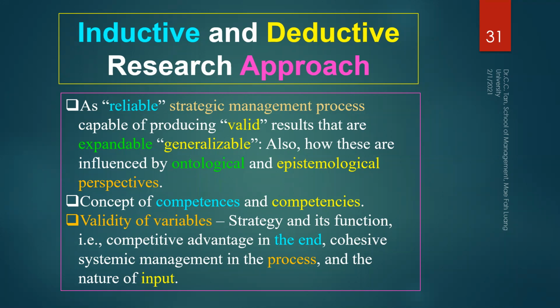That means they can be used consistently. The performance is constant. We can trust it. The product will deliver its function. So reliable business research processes and reliable strategic management processes are very important. They all share the same understanding, and this is one of the things I will discuss today.